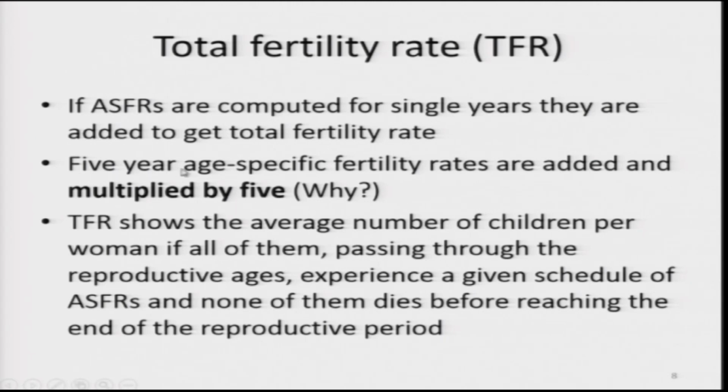If you have age specific fertility rates in 5-year age groups and you add them and multiply by 5, then also you get the total fertility rate. Why multiply by 5? Because let us take this 20 to 24. Now, the 20 to 24 age specific fertility rate would be the average fertility in the 5-year age group 20 to 25.